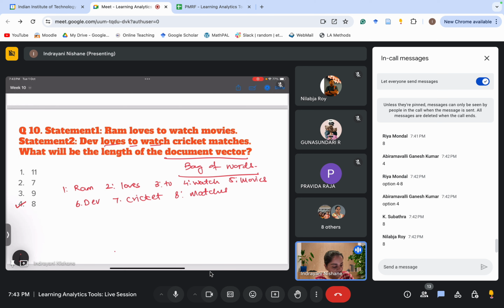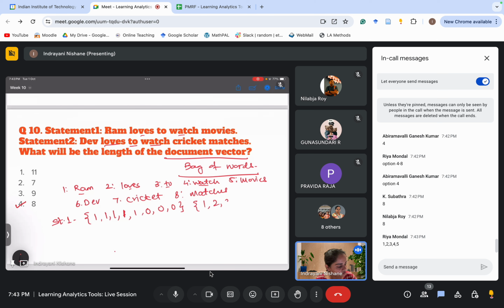Now for statement 1, what will be the document vector? Ram is present, so 1. Loves present, to present, watch is the 4th and present, movies the 5th and present. Now the 6th, 7th and 8th are absent, so 0, 0, 0, and we write the sequence 1, 2, 3, 4 and 5.